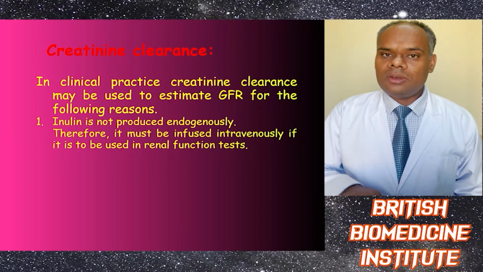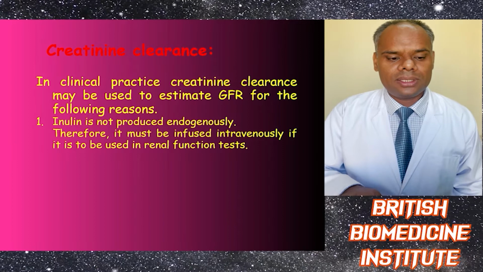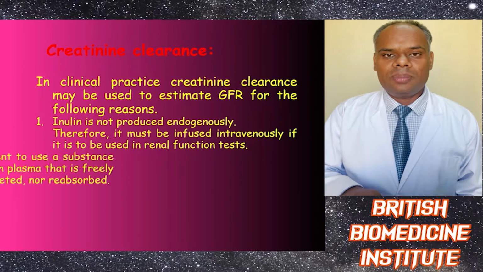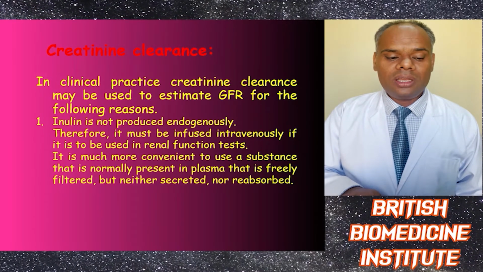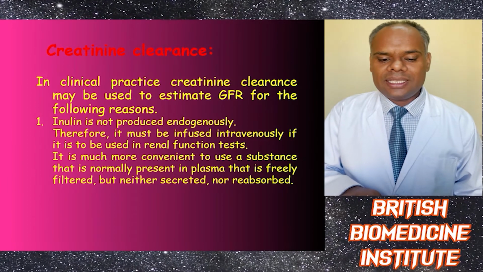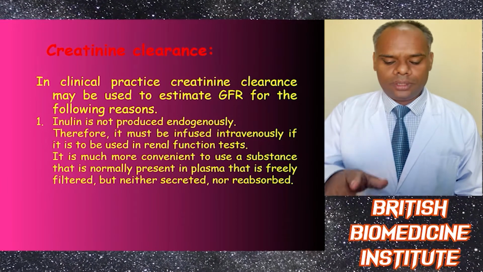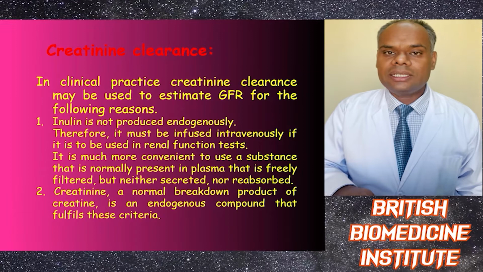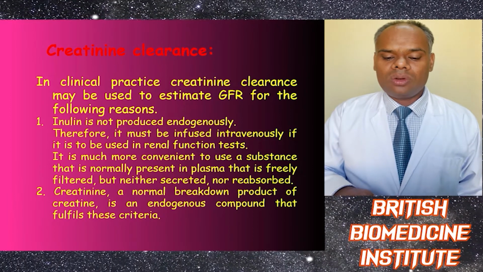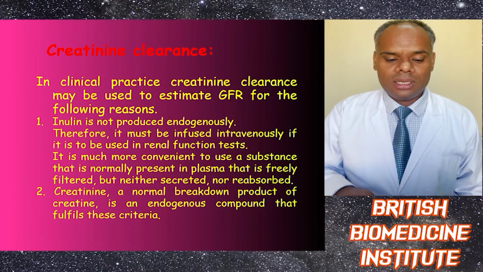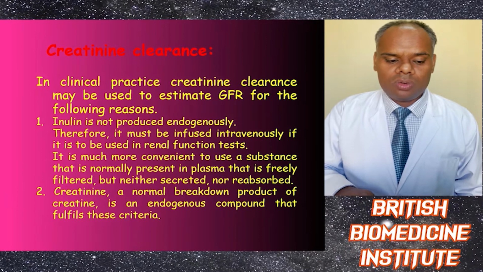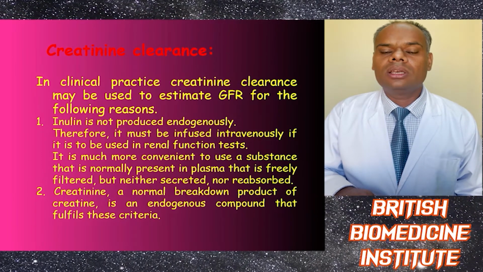It is much more convenient to use a substance that is normally present in the plasma, that is freely filtered but neither secreted nor reabsorbed. Creatinine, a normal breakdown product of creatine, is an endogenous compound that fulfills this criterion.